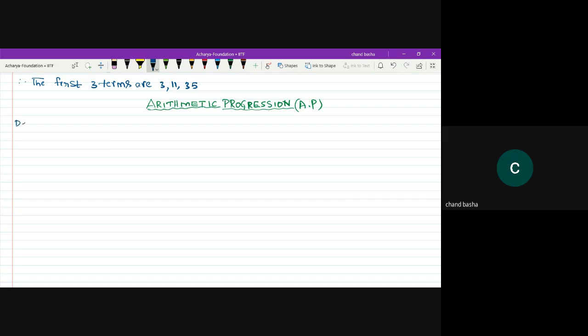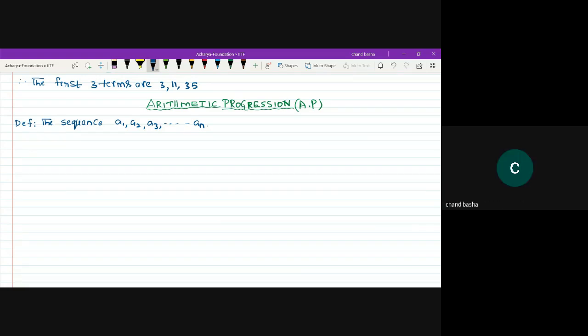The definition of arithmetic progression: the sequence A1, A2, A3, and so on, AN. You know what is meant by A1? First term of the sequence. A2, second term of the sequence.